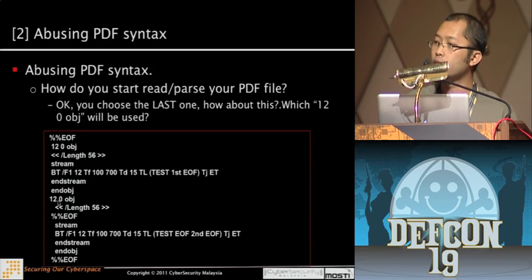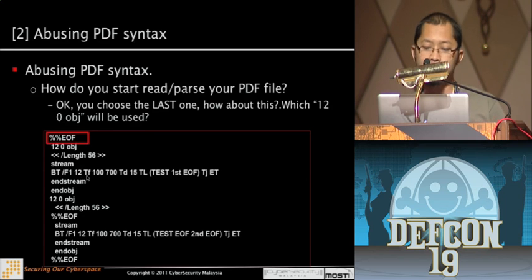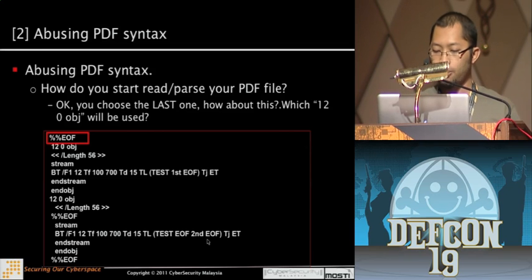So if you start from here, which data is now represented by the xref? It is represented by object 12. Because, for example, the first object 12 here has data that says test first xref, and the second one says test second xref. I will show you a demo about this later on. And then another one here.